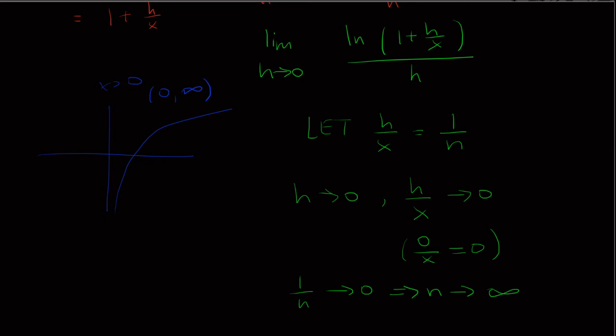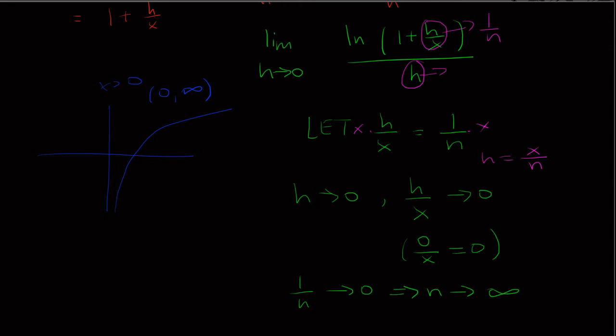Okay, so we're going to rewrite this now. We're going to change h over x to be 1 over n. In order to find h, I need to multiply both sides of this equation by x, to get h is equal to x over n.